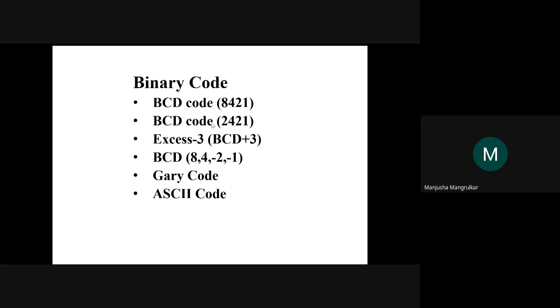So we have the BCD code, binary coded decimal, that is 8421. Then the 2421 code, the Excess-3 code, which means BCD plus 3, the 84-2-1 code, the Gray code, and the ASCII code, American Standard Code for Information Interchange.